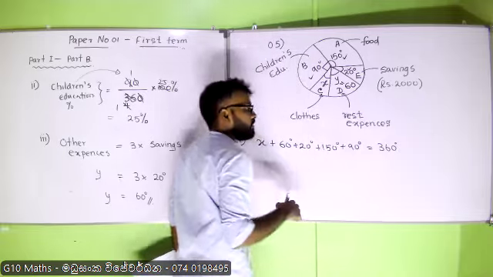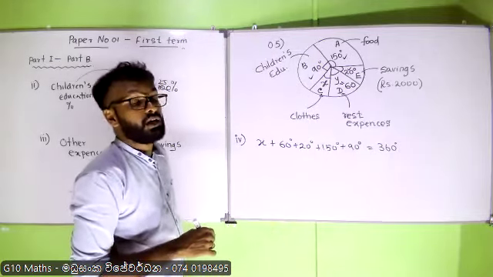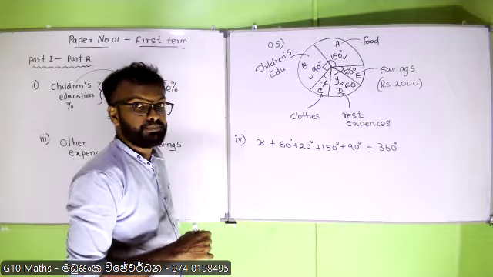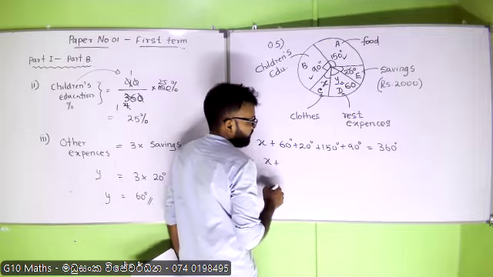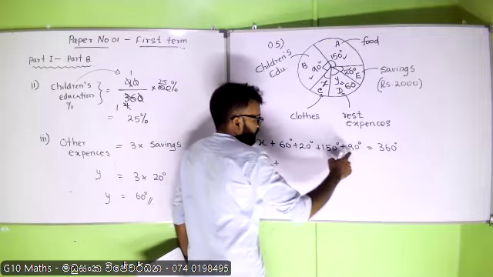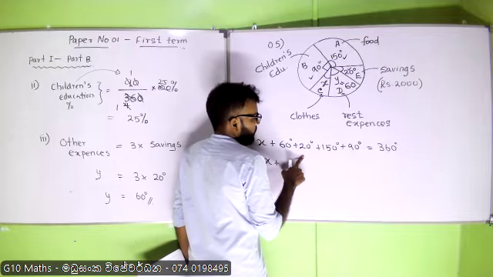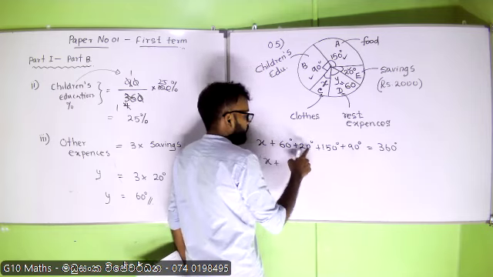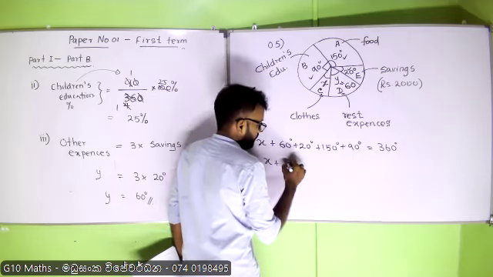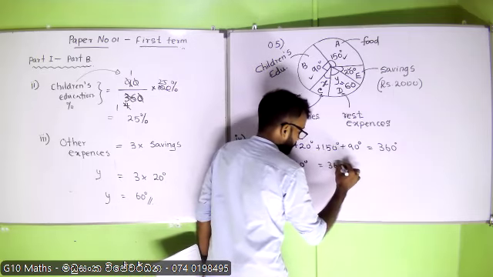Angles around a point: the sum of the angles around a point is equal to 360 degrees. x plus 90, 110, 260, 320 is equal to 360.